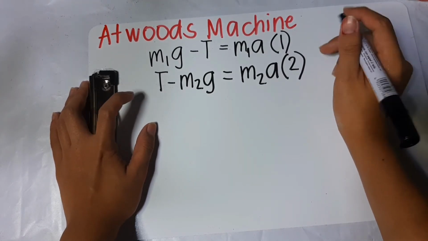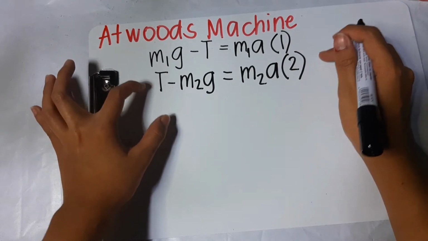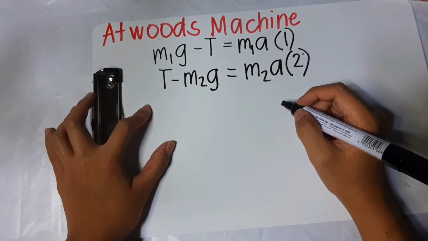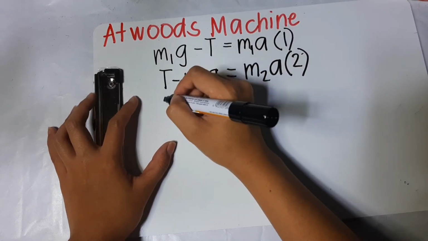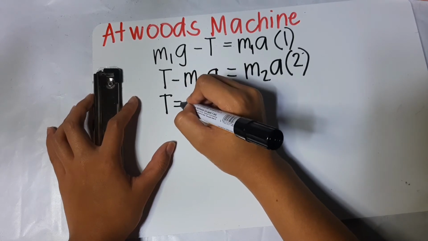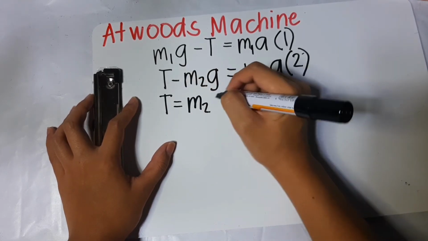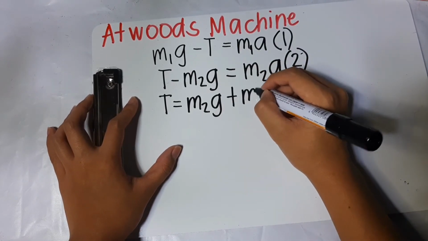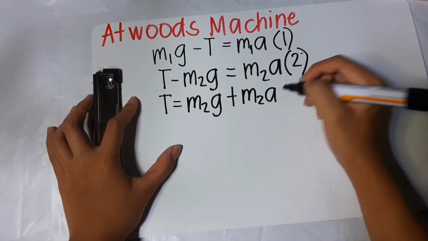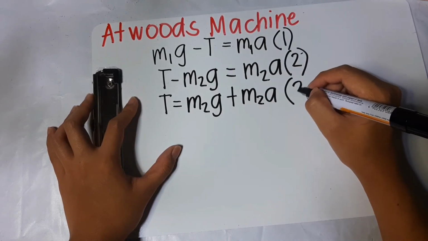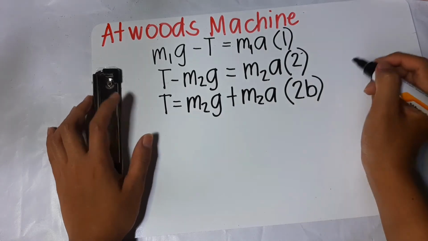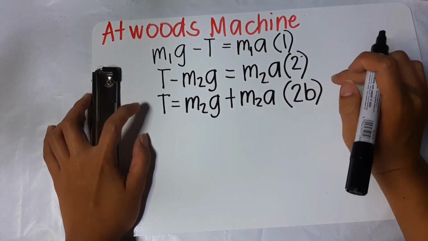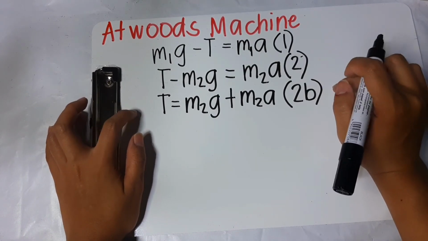Now, from the second equation, we have a sub-equation. Our sub-equation for equation number 2 will be T is equal to mass 2 times gravity plus mass 2 times acceleration. This is our equation 2b. So we have equation number 1, equation number 2, and equation number 2b.